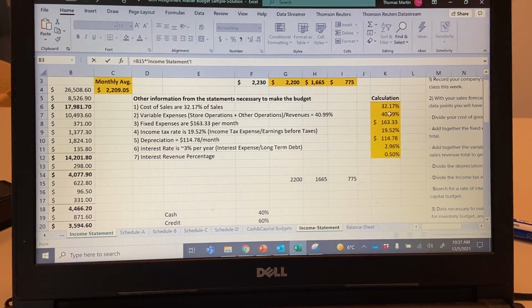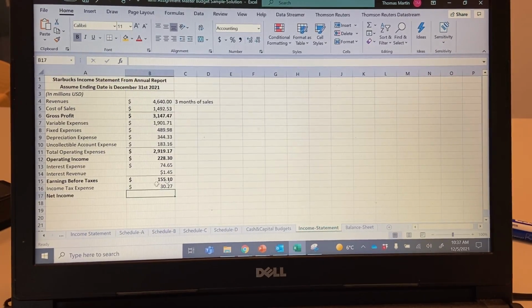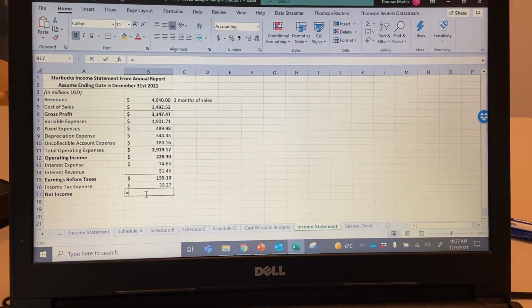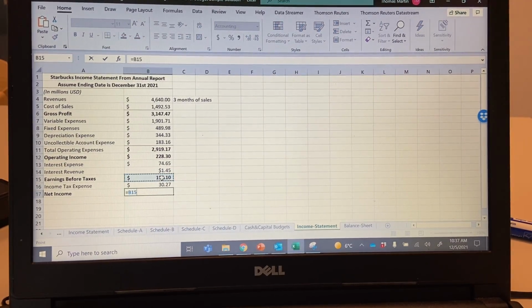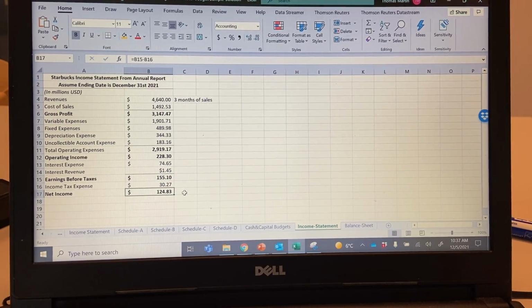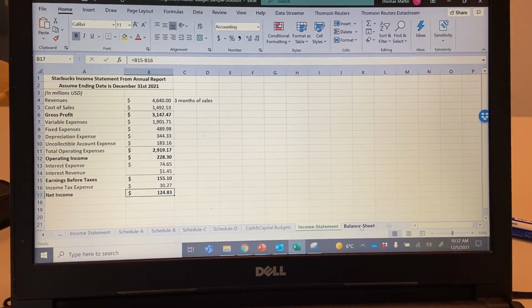We multiply it by the percentage, 19.52, so we get $30.27 in income tax expense. Net income would be earnings minus the income tax expense, 124.83. So that's your income statement. And now we can move to the balance sheet.